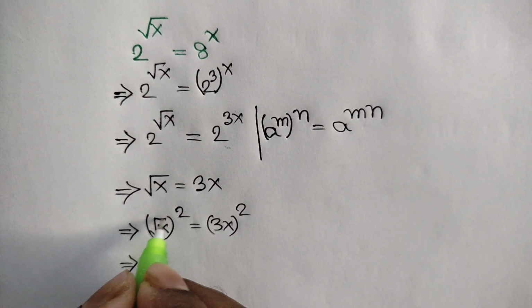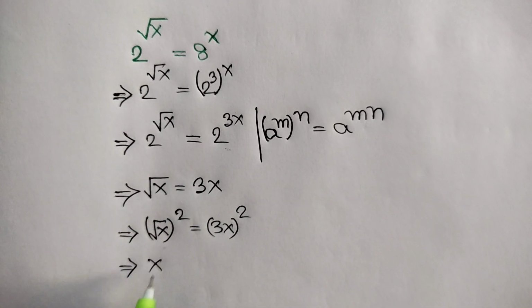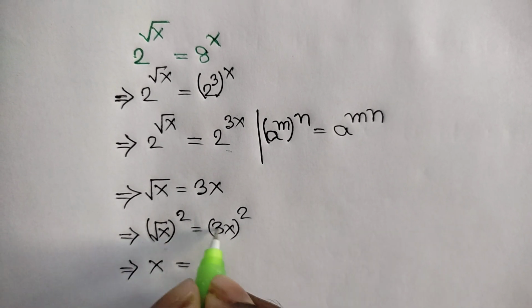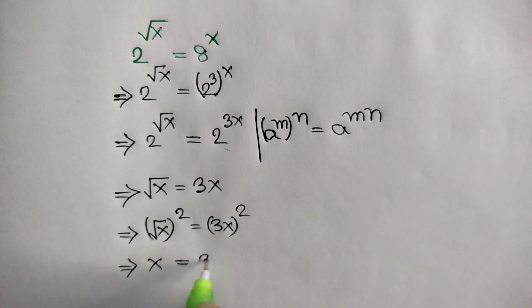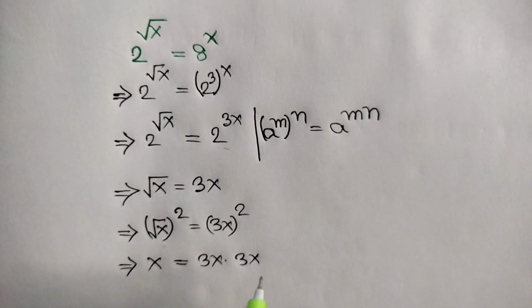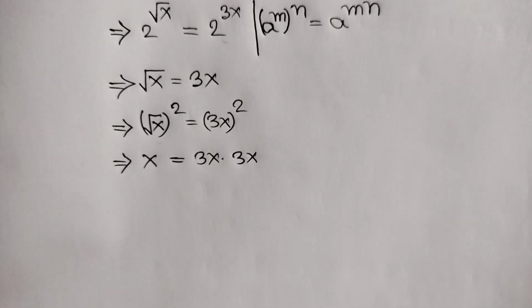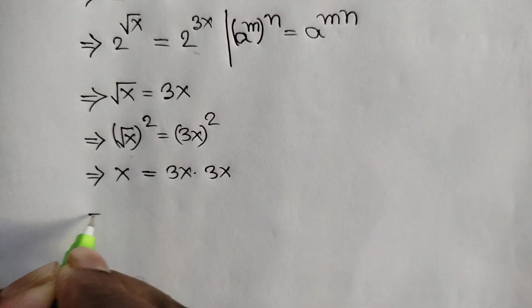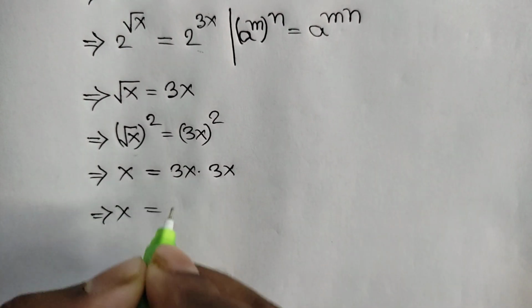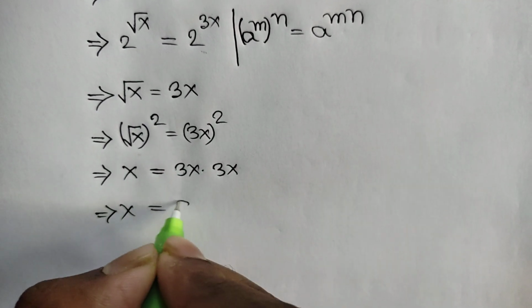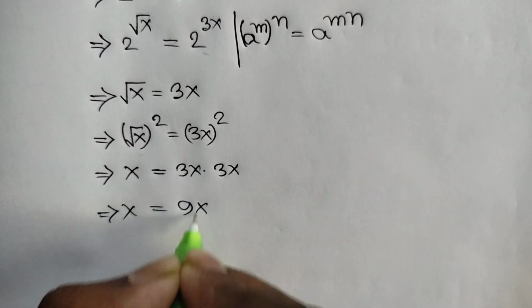The square root cancels out the square, so it will be remaining x, and here 3x whole square, that means 3x times 3x. So x is equal to 3 times 3, that means 9, x times x, that means x square.